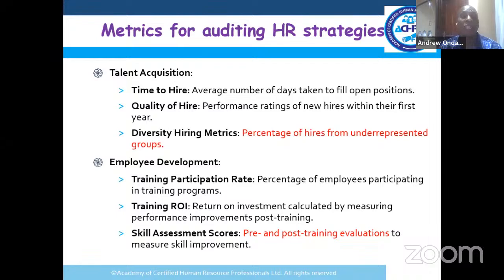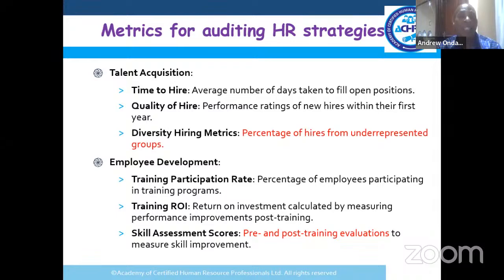In majority of organizations, probation is 6 months. Others could be shorter, like 3 months. So within the 3 or 6 months that a new employee is on probation, you can assess their performance, and this performance will give an indication of whether they have the right mix of skills, knowledge to deliver the results.